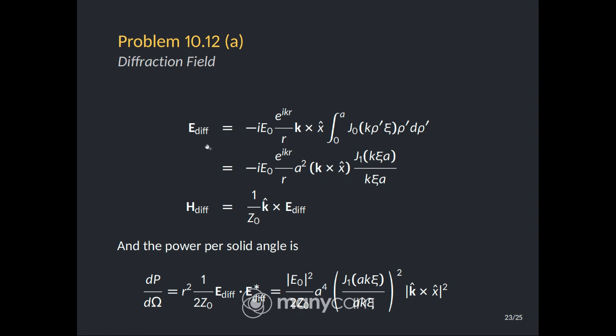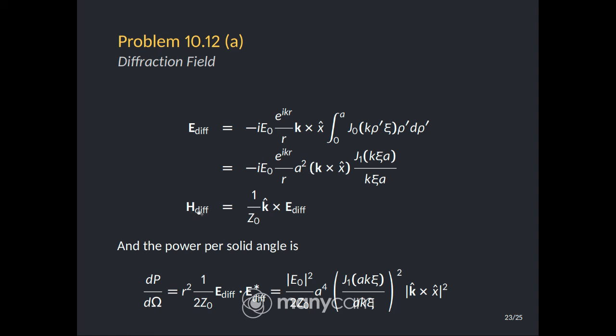And after this calculation, the diffraction electric field is just the integration of J0 times rho, and we get J1 of kxa divided by kxa times a squared.